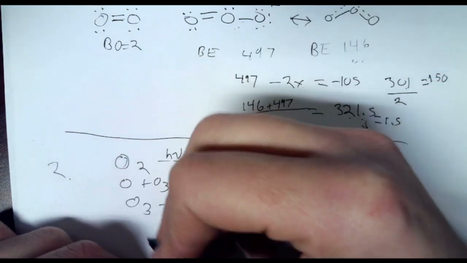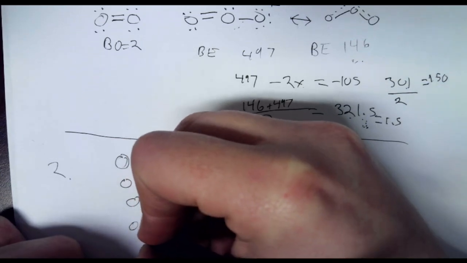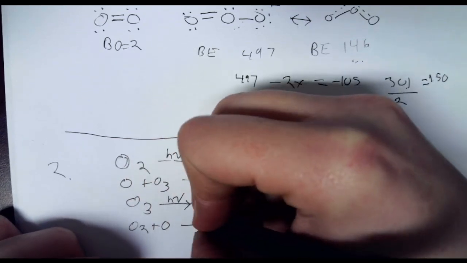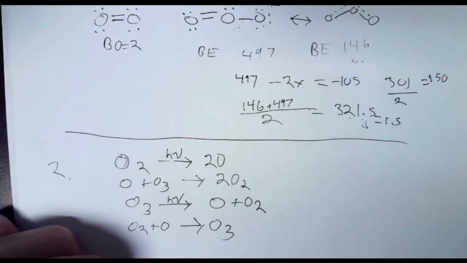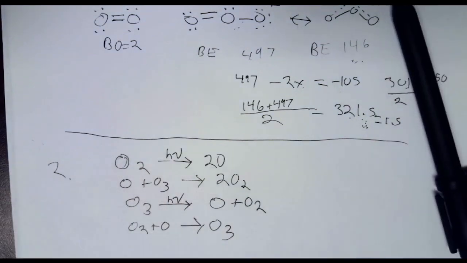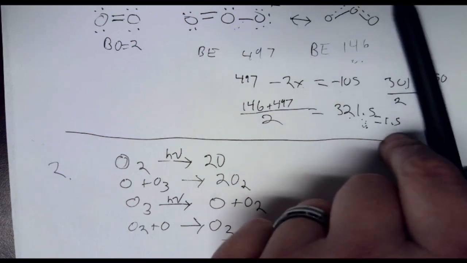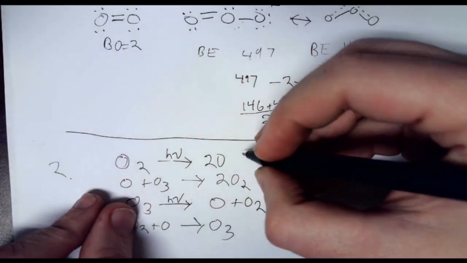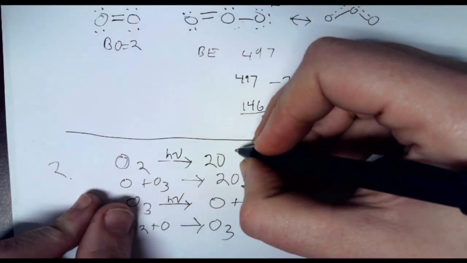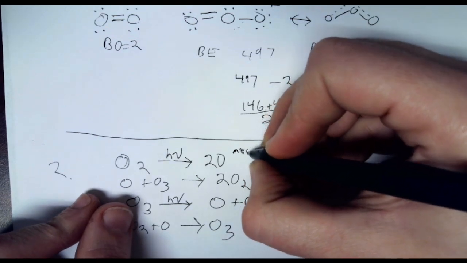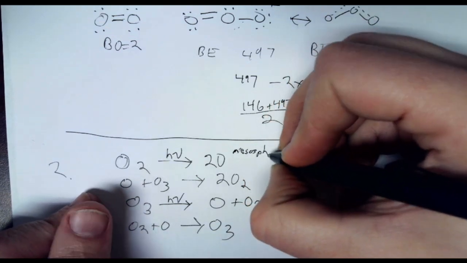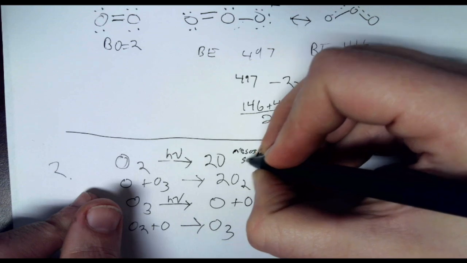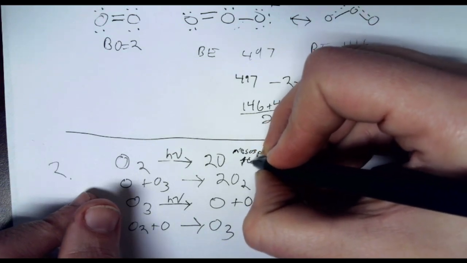And we can have O2 plus O goes to ozone. Those 4 equations are the ones we want to consider. No more. And so the idea here, normally this happens in the mesosphere, stratosphere. The top stratosphere.